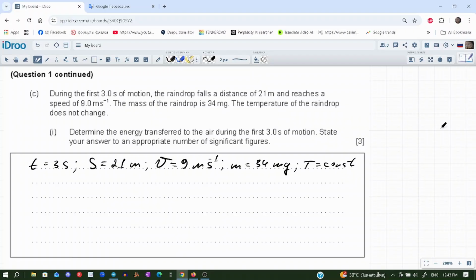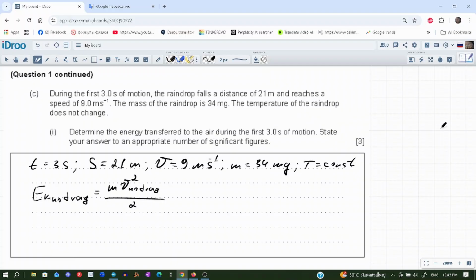Actually, if there is no drag force, the kinetic energy of the drop will be E kinetic no drag equals m v no drag squared, the velocity that it will reach if there is no drag, over 2, right?